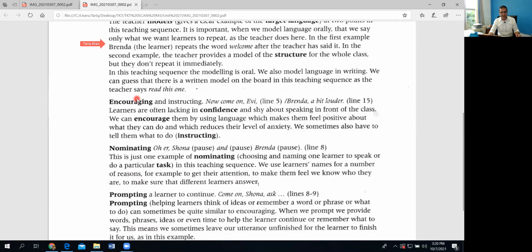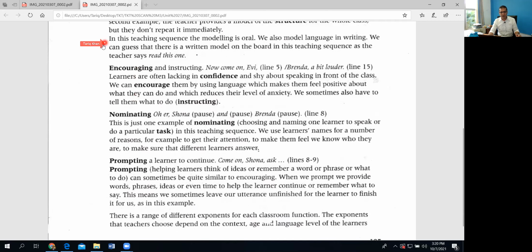Next one is encouraging and instructing. "Now, come on, Eve, line 5." "Brenda, a bit louder, line 15." Learners are often lacking in confidence and shy about speaking in front of the class. That's a common behavior of the student.